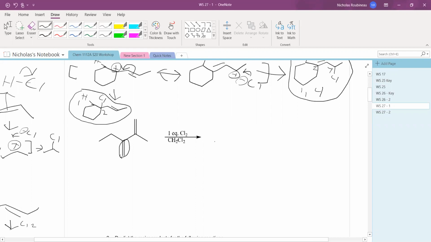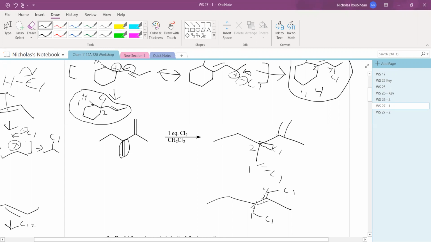So if we're reacting with the double bond that I have circled right now, this would be a 1, 2 product. And then we still have a chlorine on carbon 1, and then a chlorine ends up on carbon 4 for the 1, 4 product.